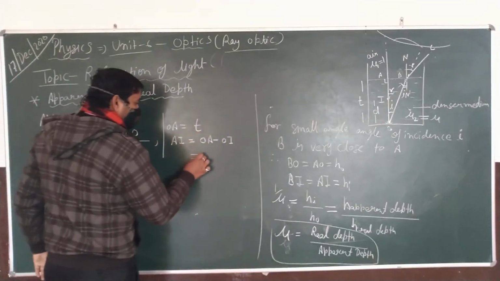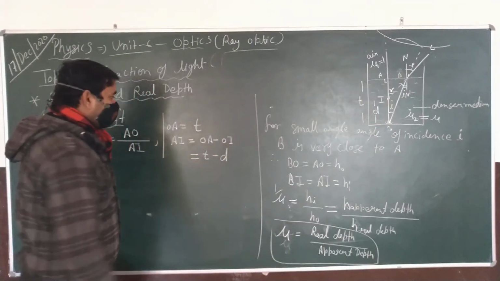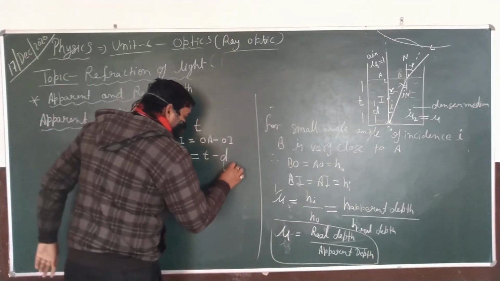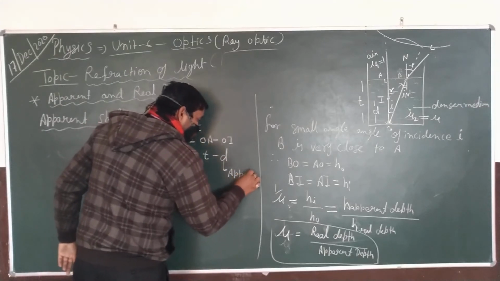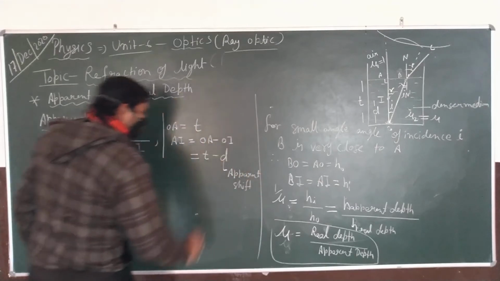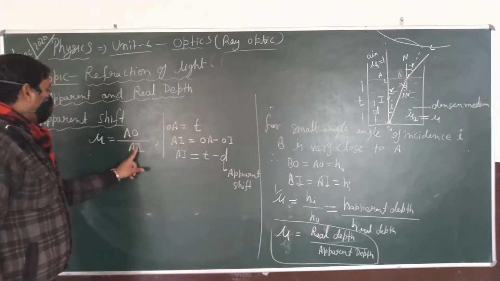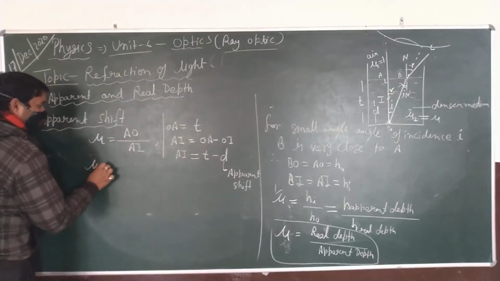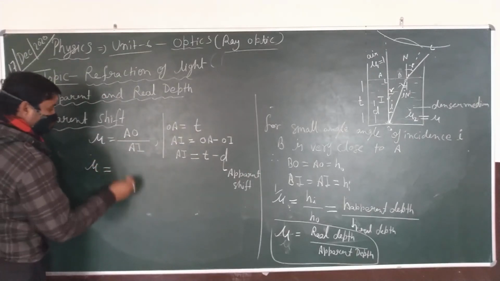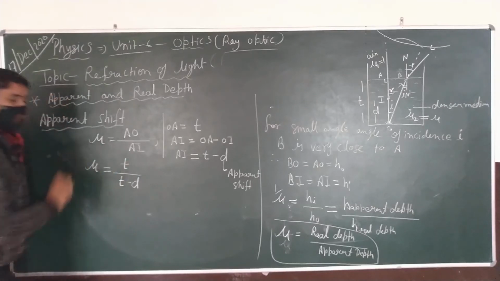Therefore, we have AI is T minus D, where D is apparent shift. By using these two values in the relation, we get mu is equal to T upon T minus D.